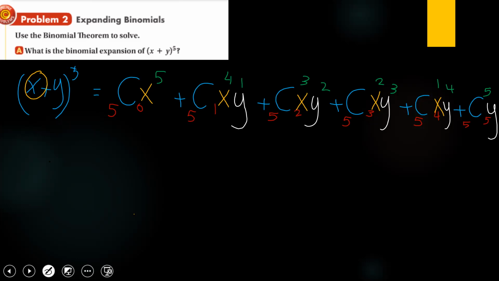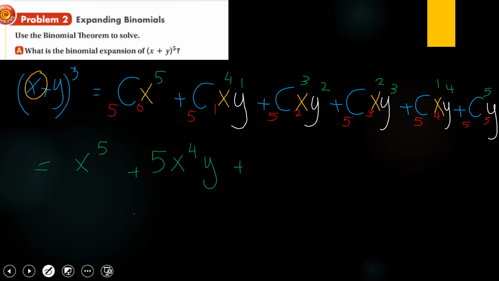Then after that, you have to find the answer as combination of 0 from 5, which is 1. So we have x to the power 5 plus combination of 1 from 5, which is 5, x to the power 4 times y.